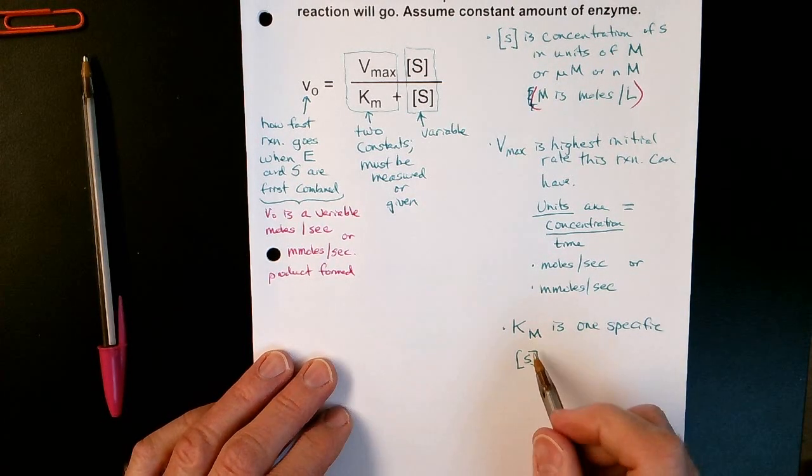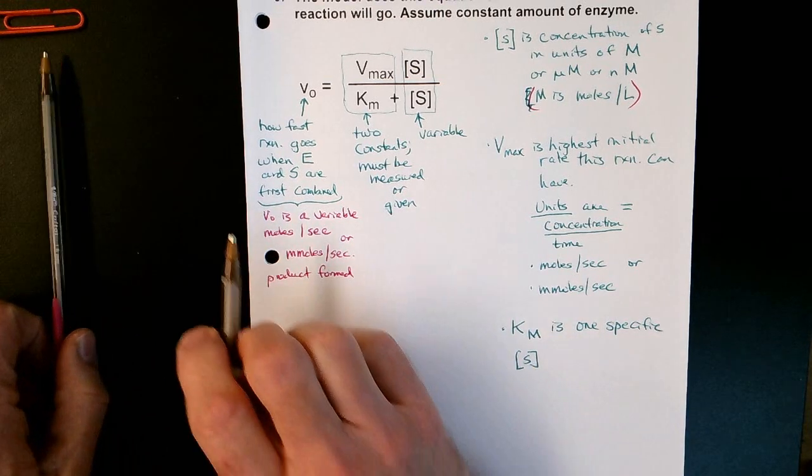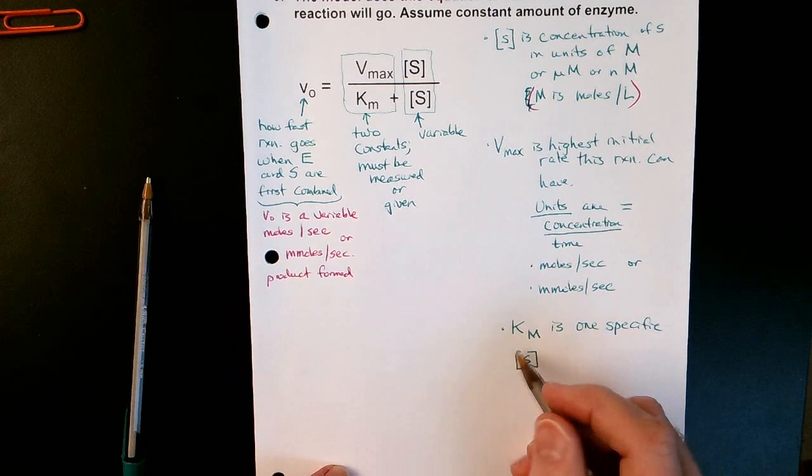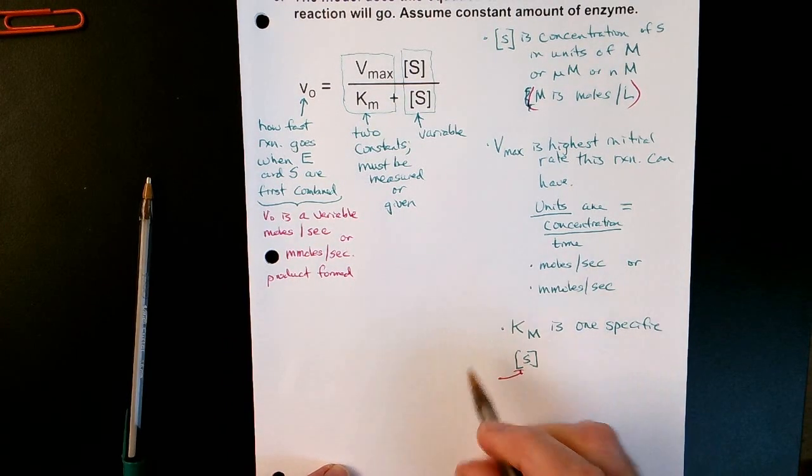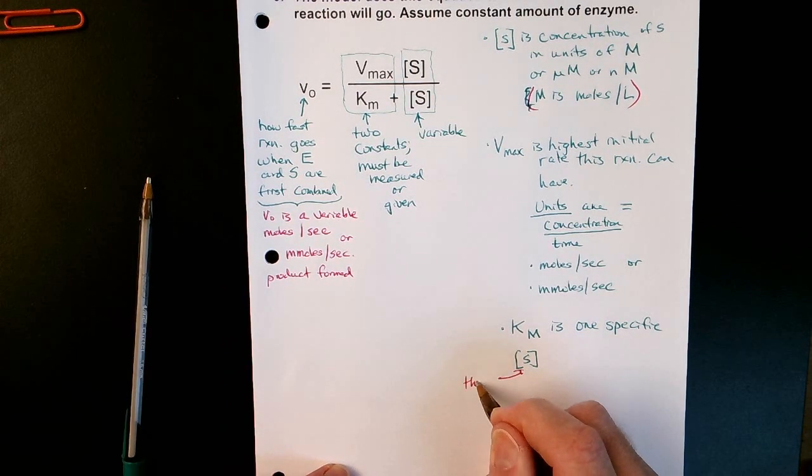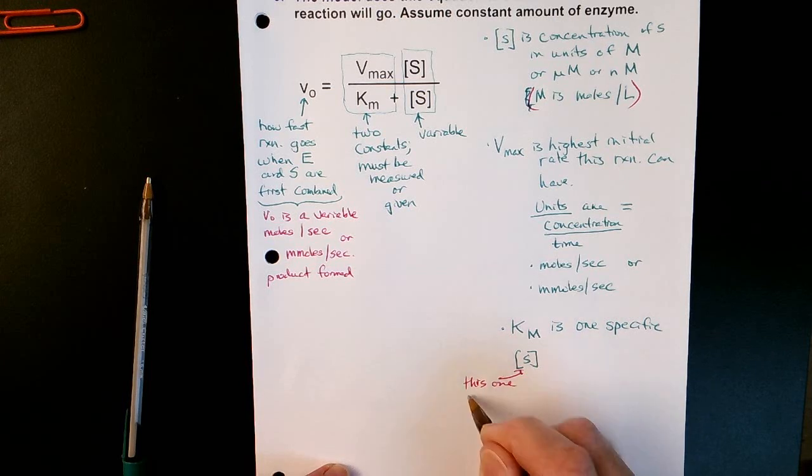Oh goodness, don't we already have substrate concentration in there 2 times already? Yes, we do. But those are variables, and this one is not a variable. This one is hardwired into the enzyme.